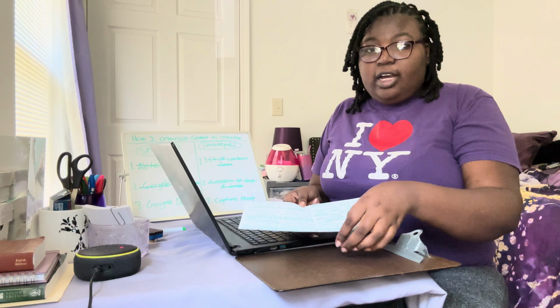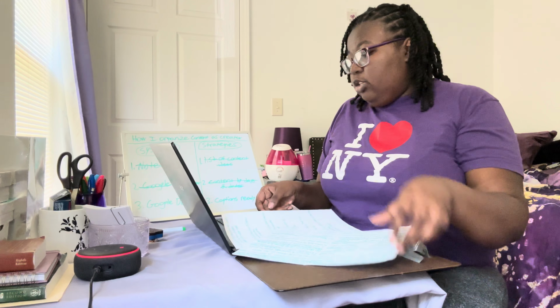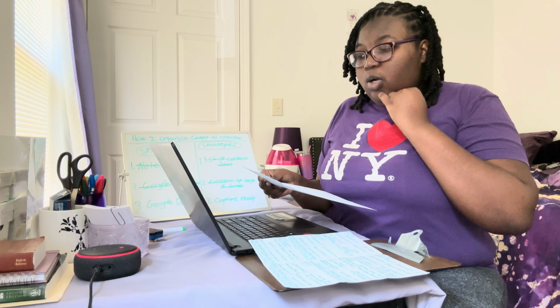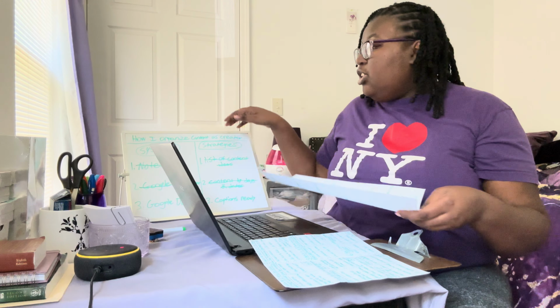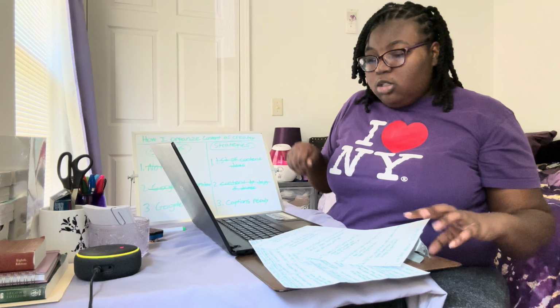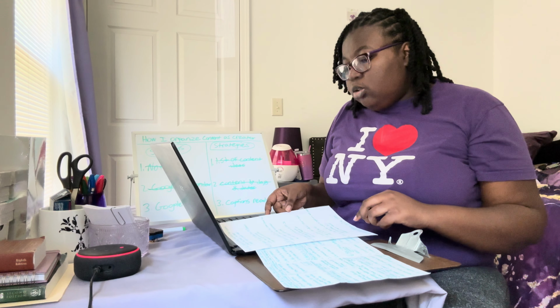So once I do all of that and I know what day it is, now this isn't on here, but once I know what I'm filming, then I go ahead and I make the 2 different sections. Like I have system and strategy. I write 2 different things. So let me see what video this is for.